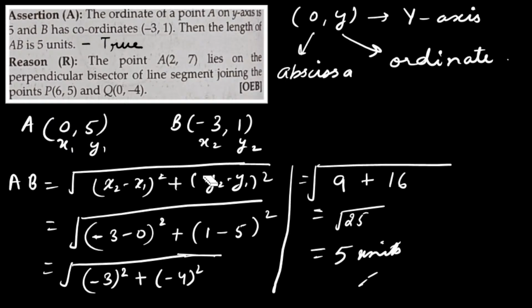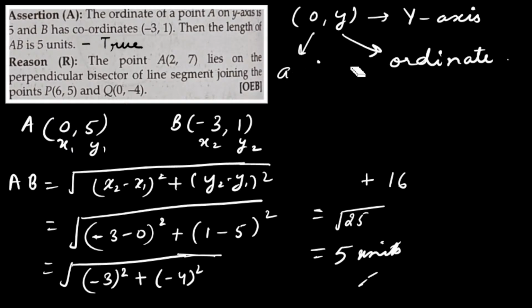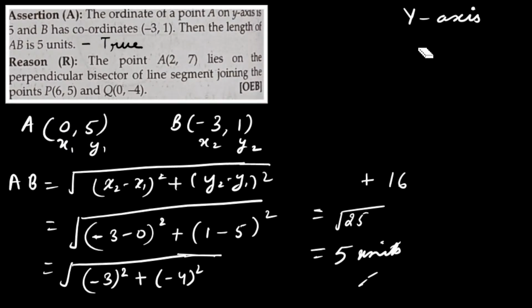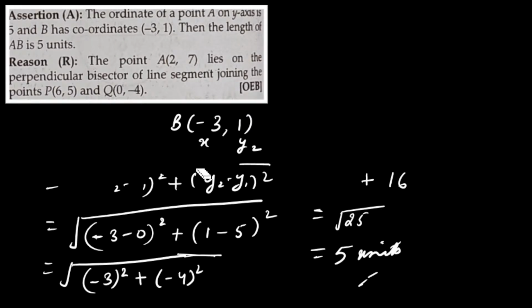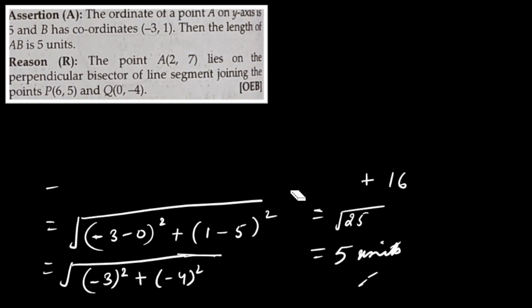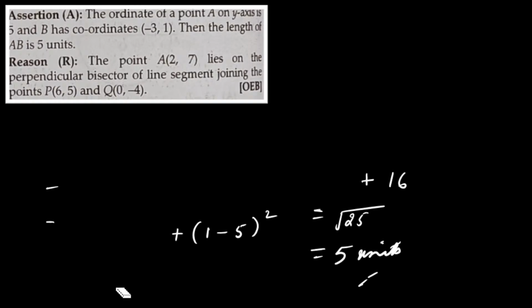Now let's check whether the reason statement is true or not. So what's given to us? The point A lies on the perpendicular bisector. Here is one concept you should know. They are telling us there is one line segment PQ, and there is one point A which lies on its perpendicular bisector.